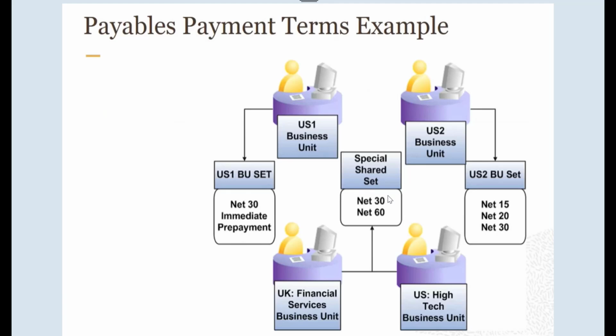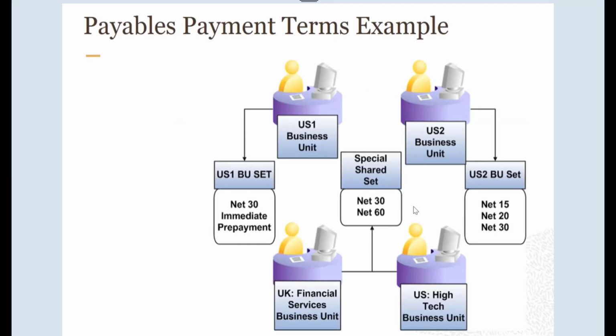If we look at the US2 business unit, it is associated to the US2 business unit set, which is associated to net 15, net 20, and net 30 payment terms. So that means the US2 business unit will get access only to net 15, 20, and net 30.